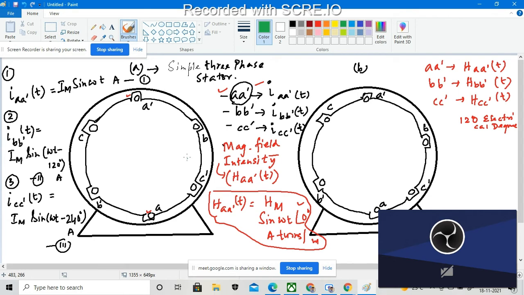If I draw, first I have to choose this one as, suppose, the midpoint. From the midpoint to this, we are considering one.